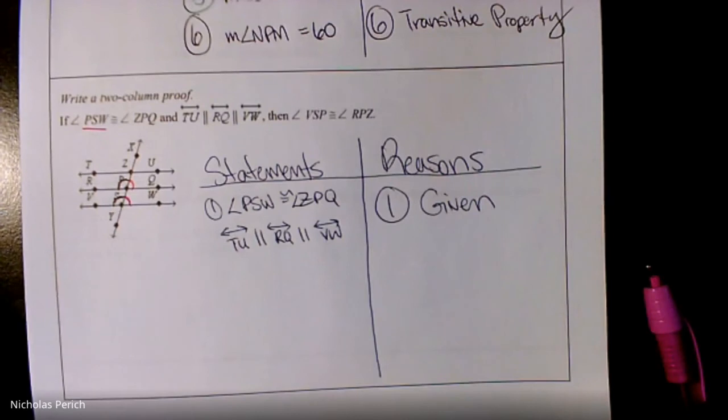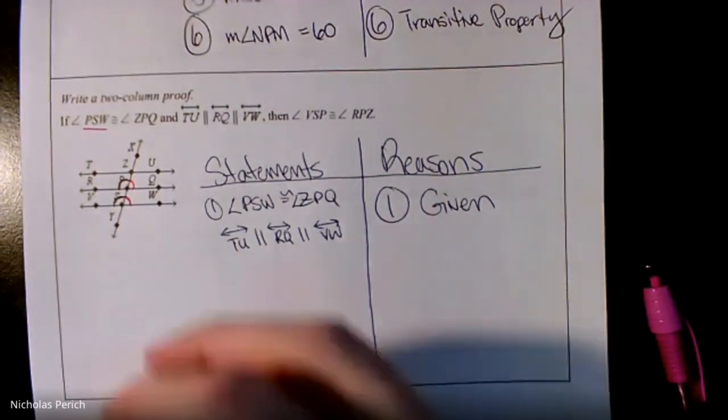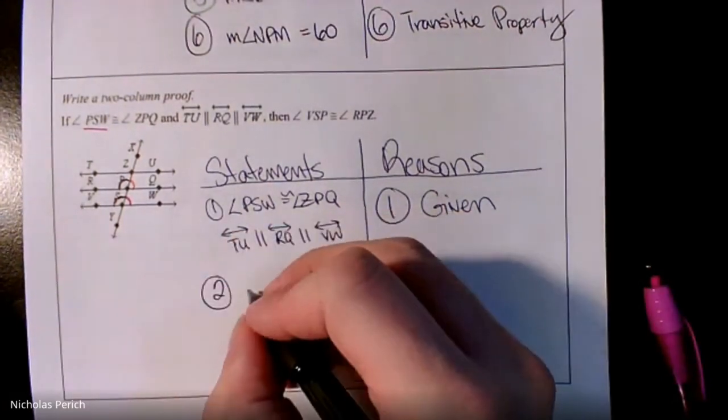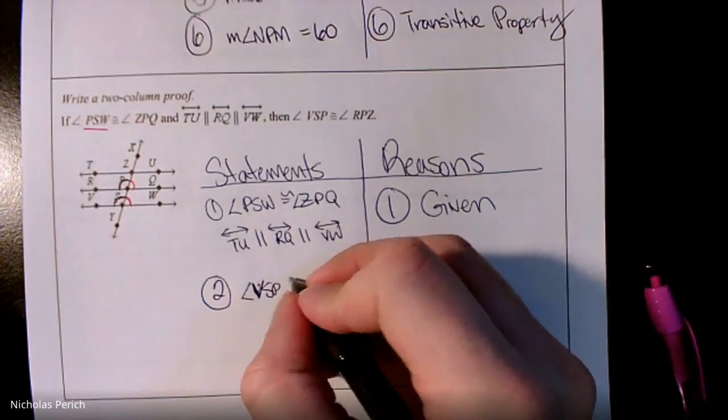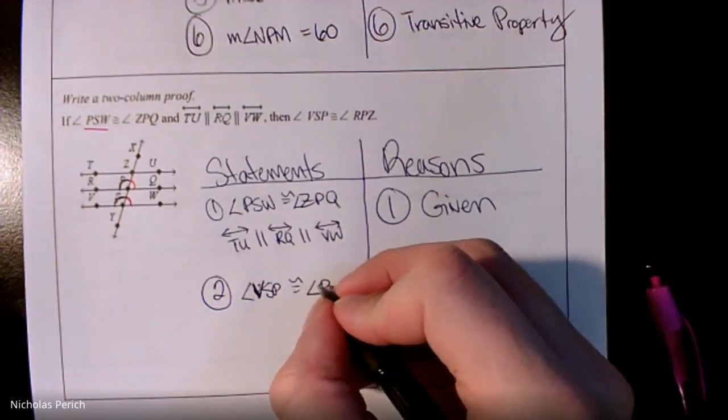Well, I'm done. And here's why. VSP is congruent to RPZ.